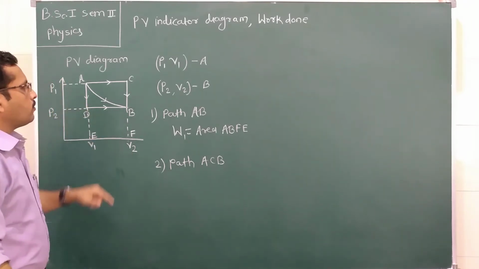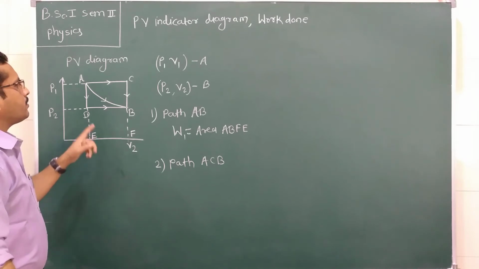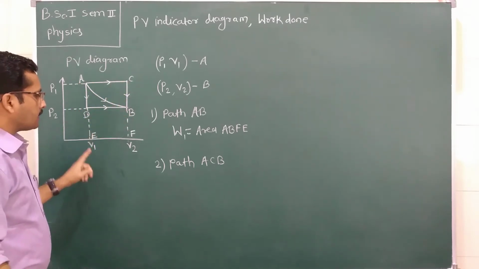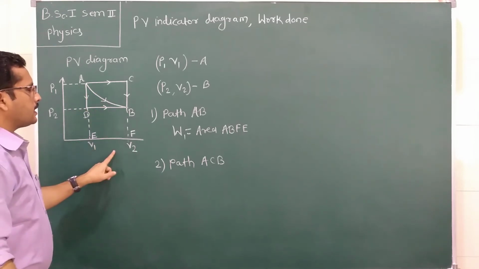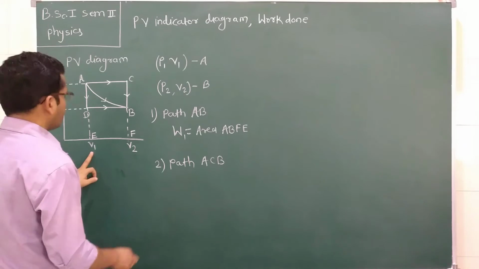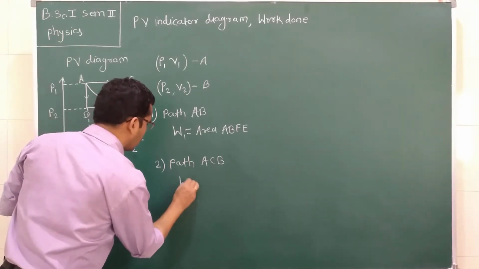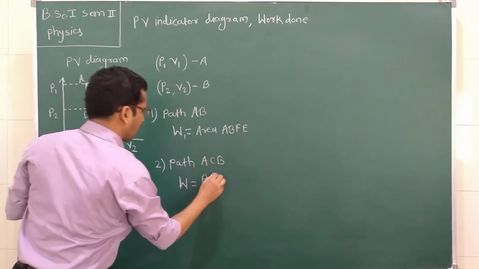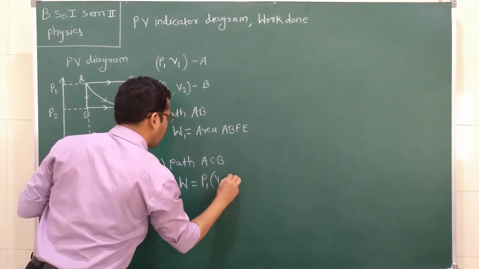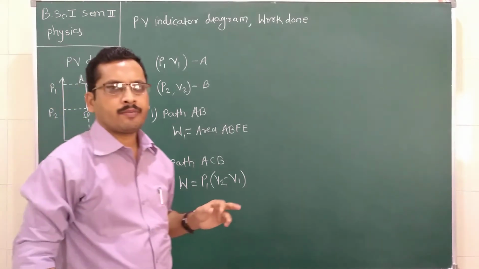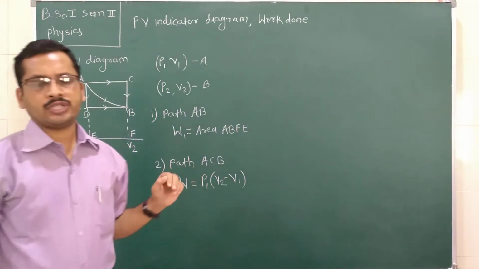So what is the amount of work done when the system is traveling from A to C and C to B? As the volume is increasing in this case, the work done W is equal to P1 multiplied by (V2 minus V1), because we know that work done is nothing but the product of pressure multiplied by change in volume.